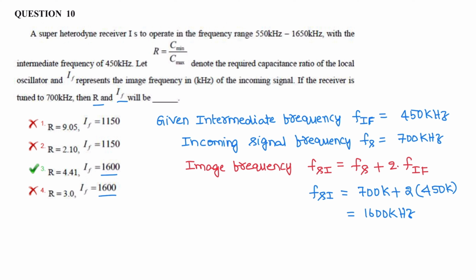There are two options. Then we need to calculate the value of R, the ratio of C minimum to C maximum.